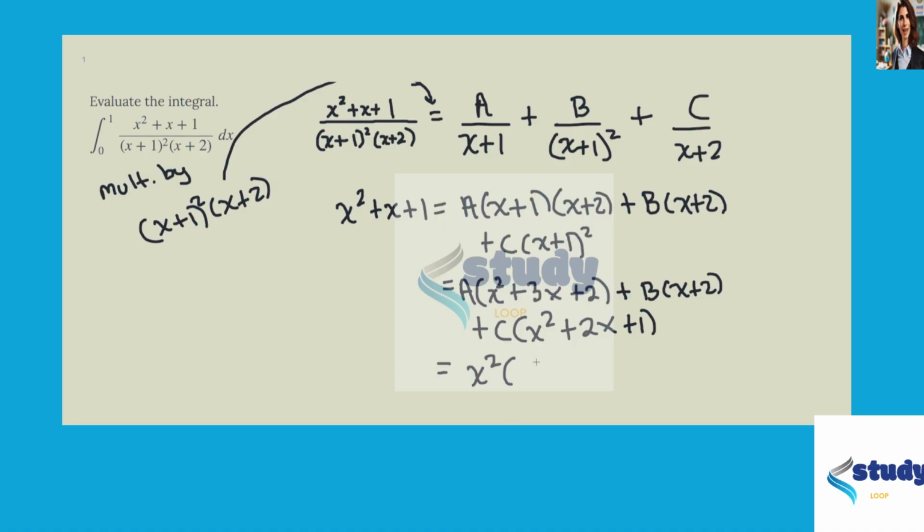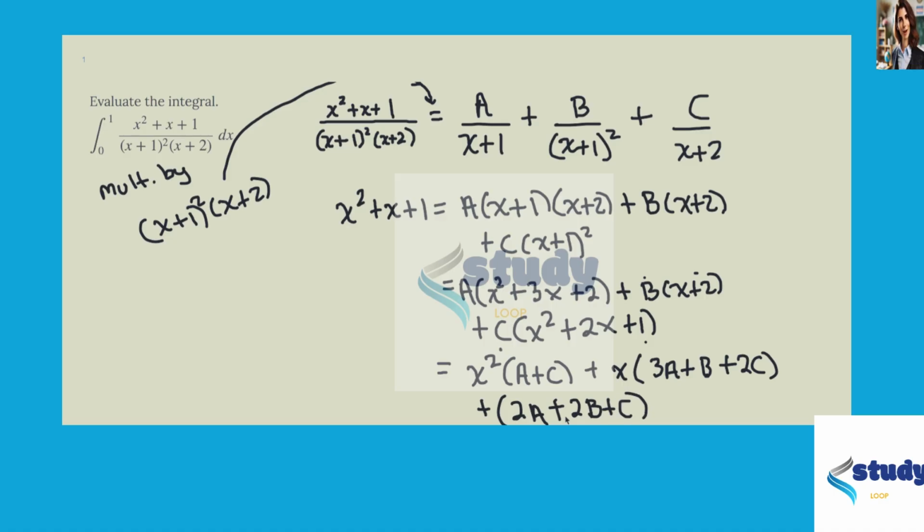That leaves us with A plus C. Then let's pull out x. We're left with 3A plus B plus 2C. And then finally for the constant term, we have 2A plus 2B plus C.